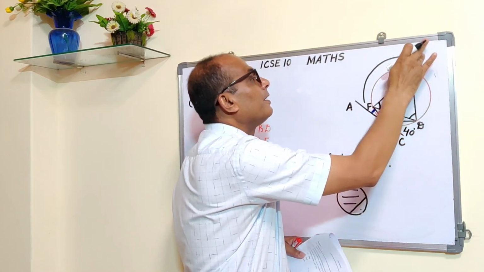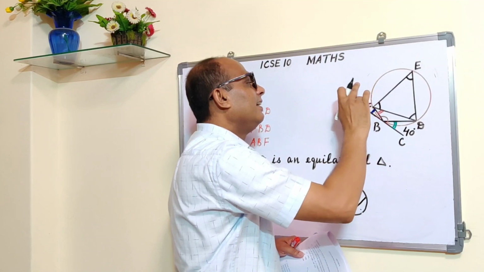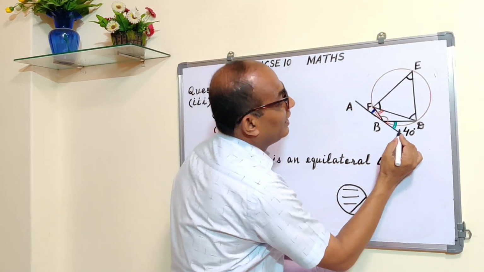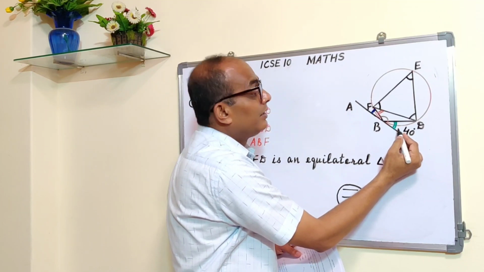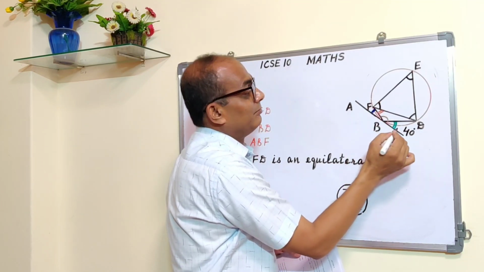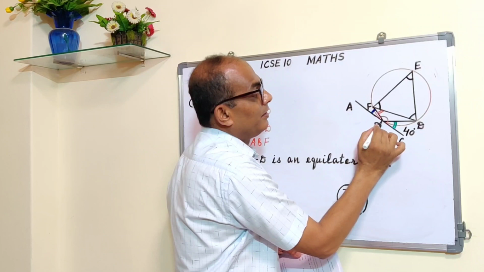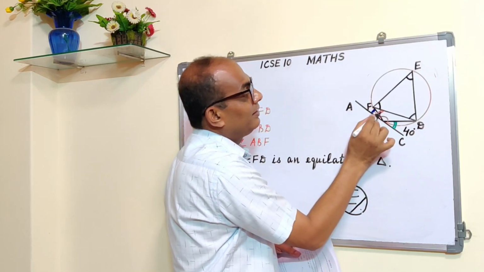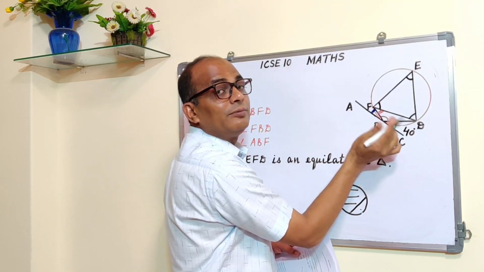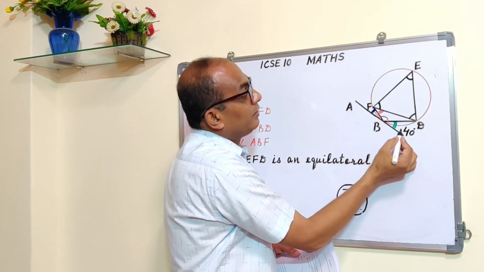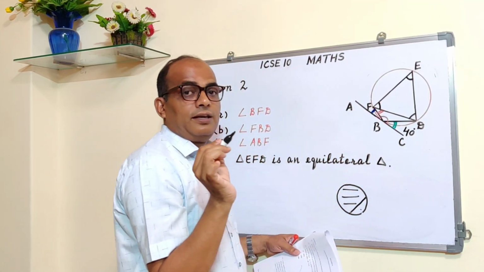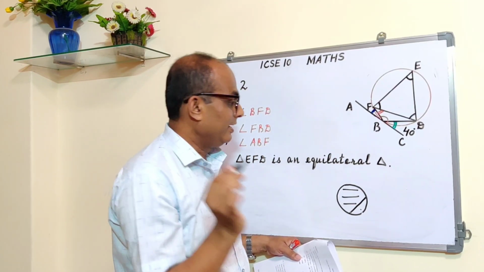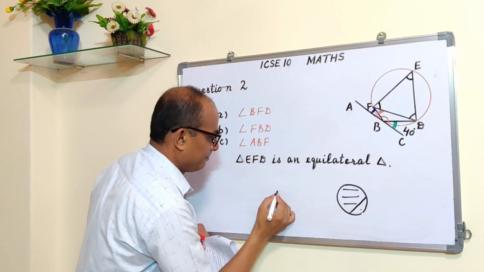Now, this angle is equal to the angle in the alternate segment by the same chord. See, BD is making this angle in the alternate segment, in the other segment. So this angle is equal to this angle by the alternate segment theorem. Just try to understand.